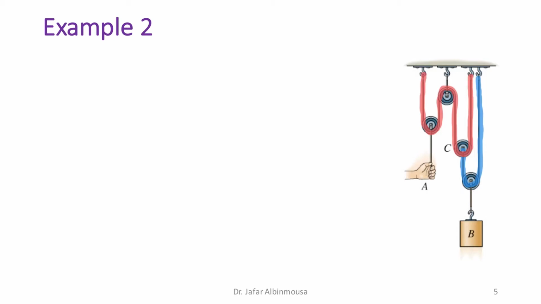So in this example, what we want to know is the speed of block B. So VB is unknown. Now, what is known is VA, which is the velocity of point A at the pulley, being pulled down with a speed of VA equals 8 feet per second.